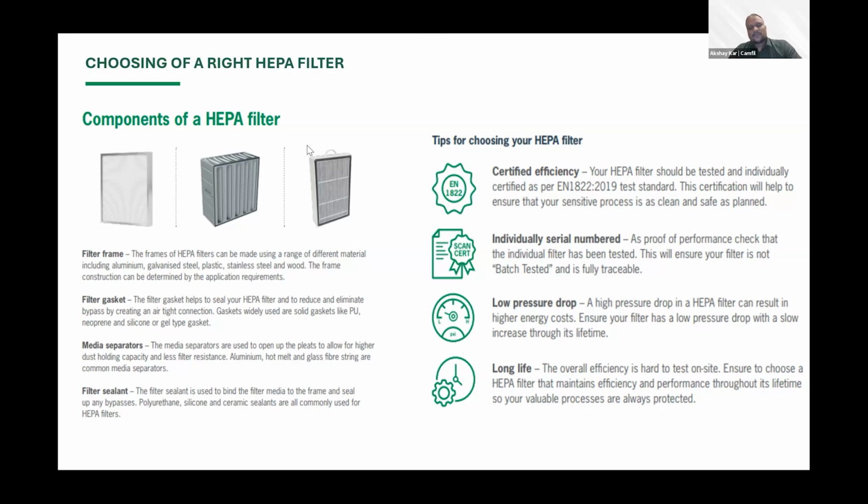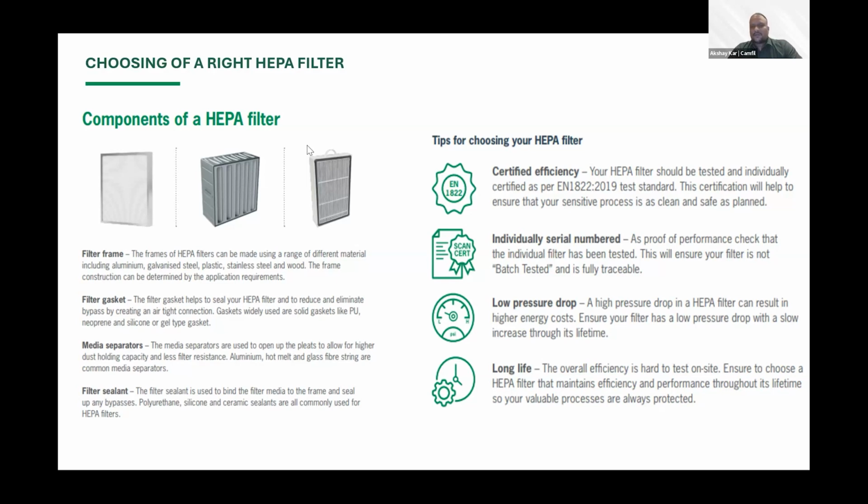PU is for the normal temperature range up to 70 degrees centigrade. Silicone is for higher temperatures of 250 degrees centigrade, and ceramic sealants are used for even higher temperature grades of filters, around 350 degrees centigrade and above.